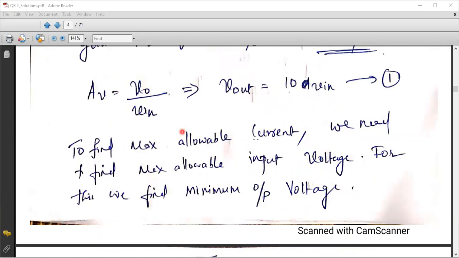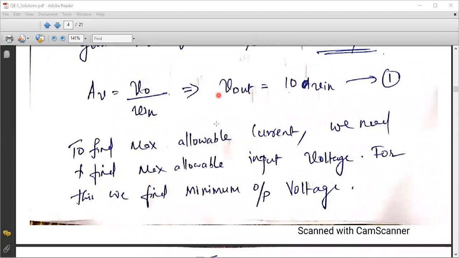So to find the maximum allowable current, we need to find the maximum allowable input voltage, which can maintain our Q point in the feasible region. To find the maximum allowable current, we are going to find the input voltage Vin, and afterwards we will find Vout.